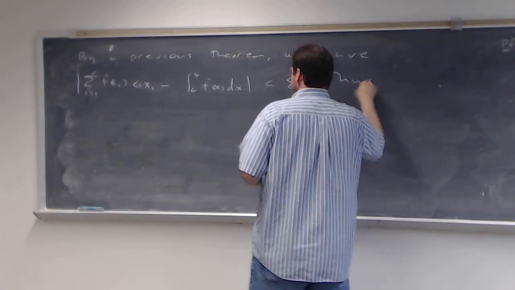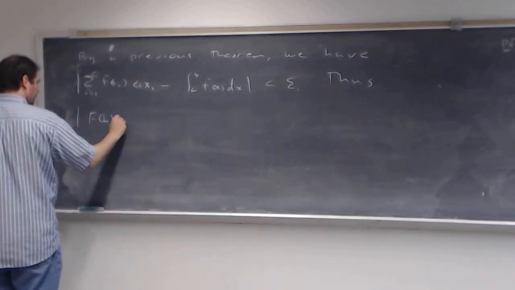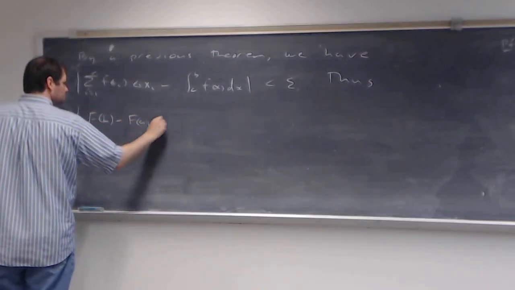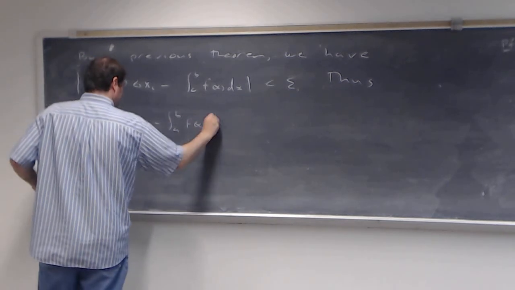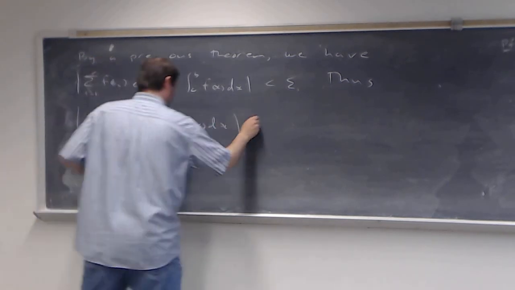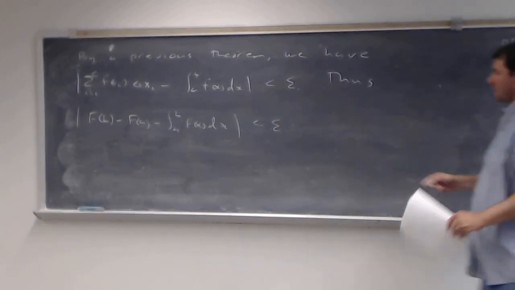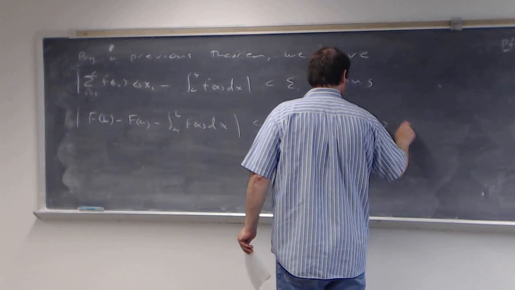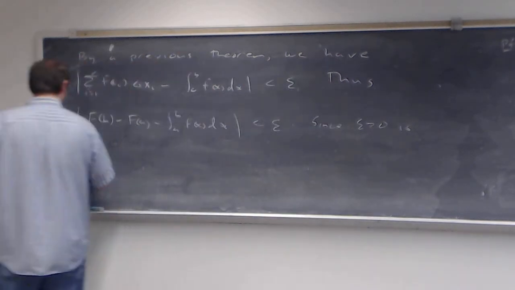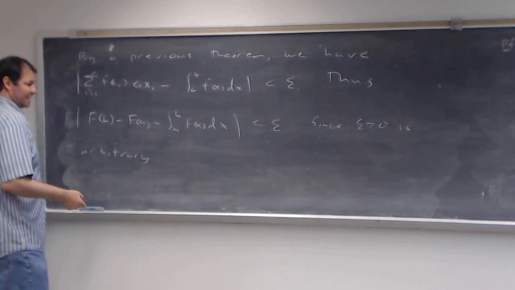Thus, we have the absolute value of big F of b minus big F of a minus this integral from a to b of little f of x dx is less than epsilon. Now, since epsilon is arbitrary, what we're saying here is there's no distance between these guys.